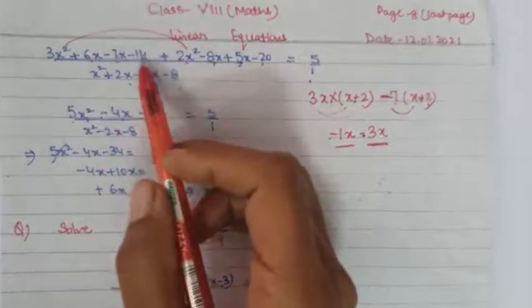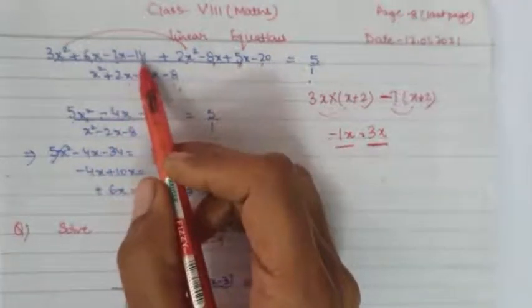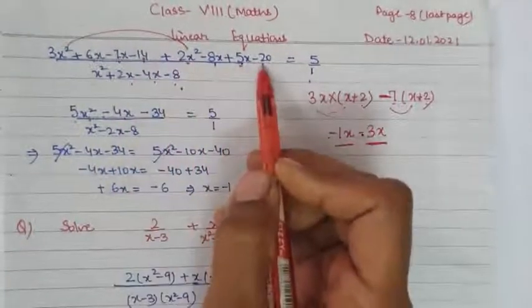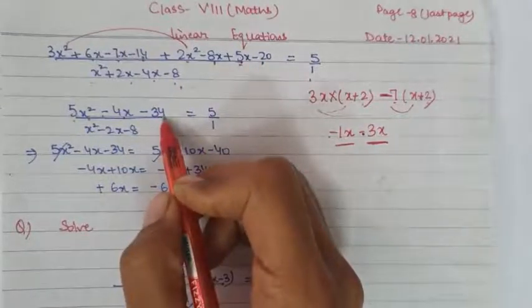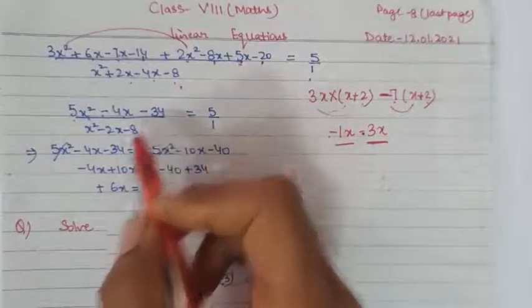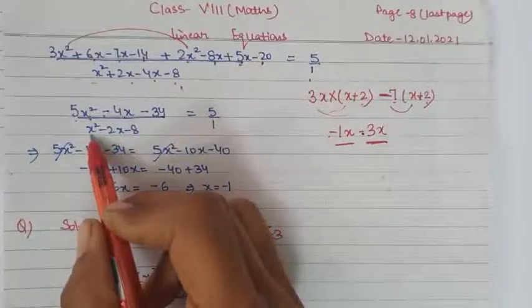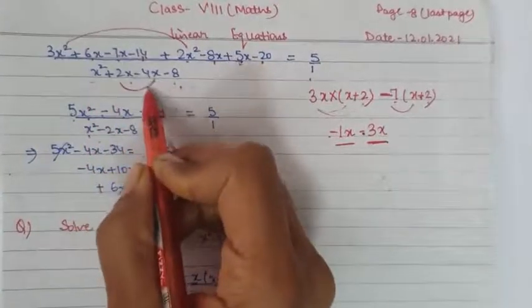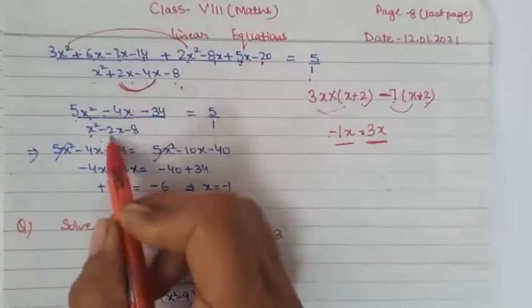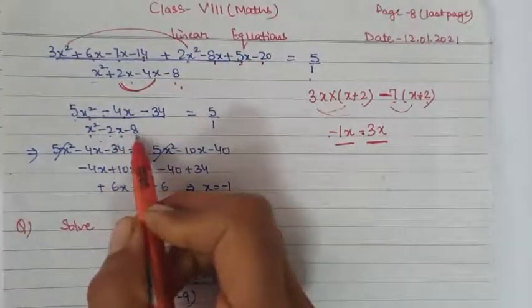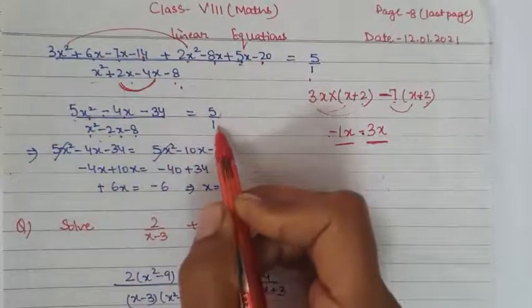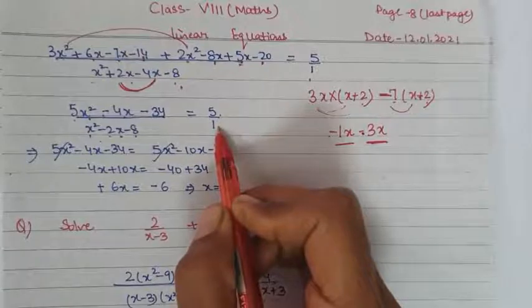Now the constant terms, if I see, minus 14 minus 20 will give you minus 34. Now upon x square, these two are like terms, minus 2x will give minus 8 is equals to 5 upon 1.